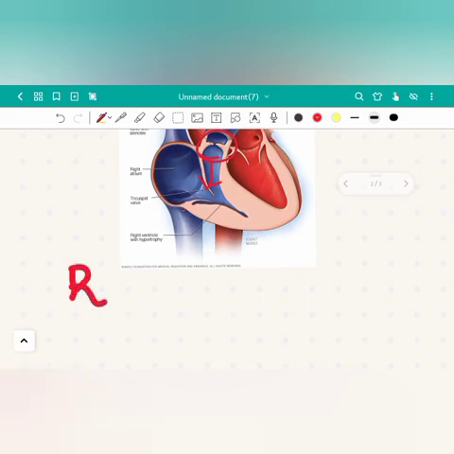Because of the pooling of blood in the right ventricle, that is where the second defect of tetralogy of Fallot happens, which is the right ventricular hypertrophy.